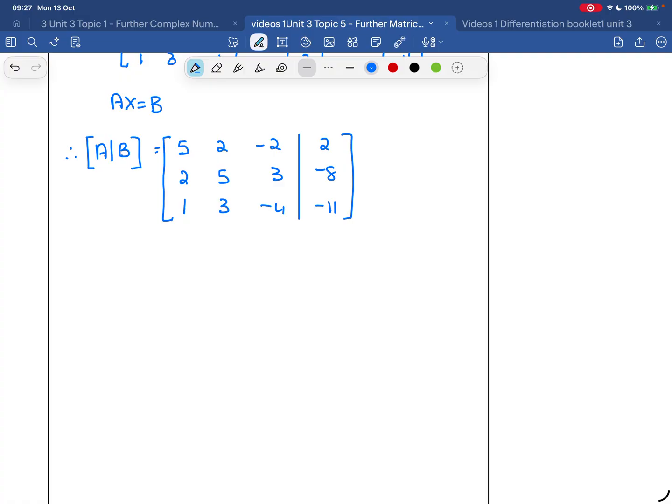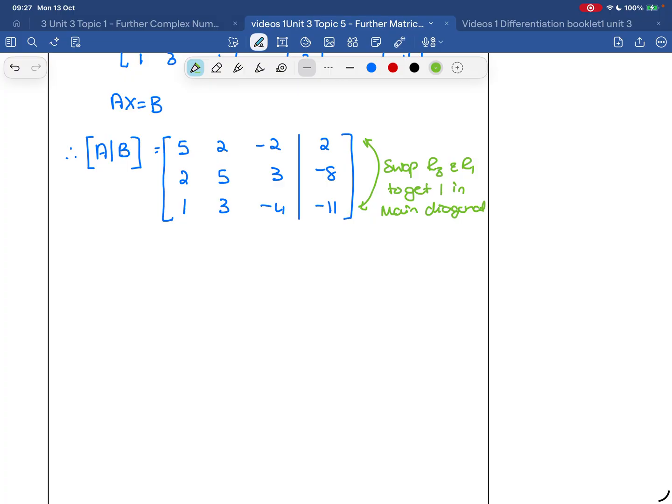So let's do that. Okay, so I'm going to make myself a little note here that says swap row 3 and row 1 to get 1 in your main diagonal.